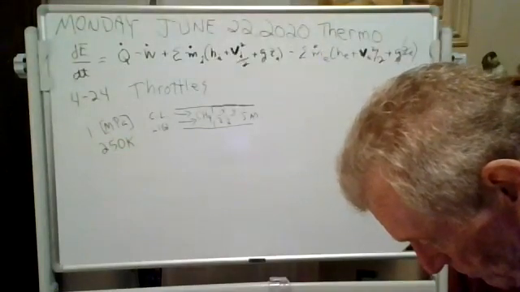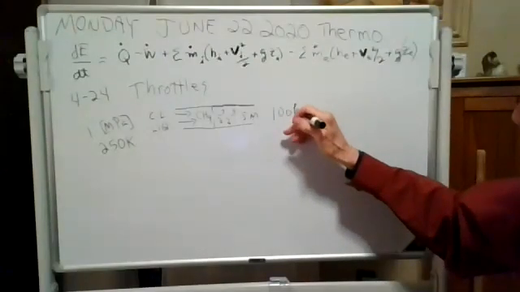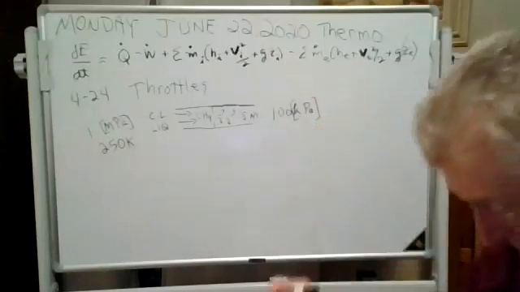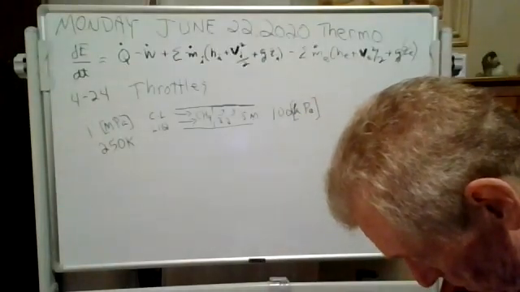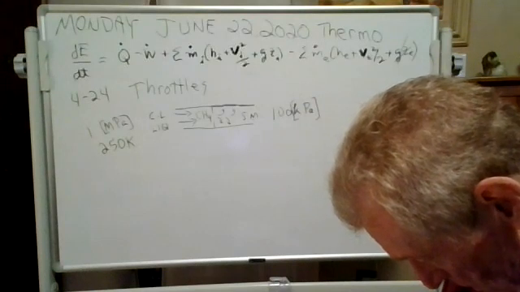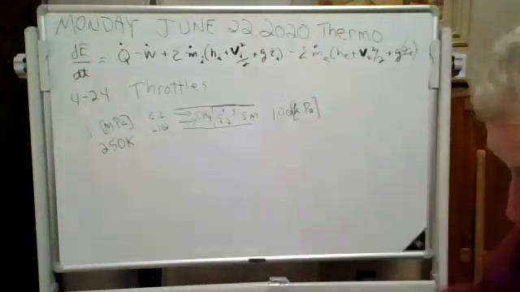It is throttled through a valve to 100 kilopascal. So no change in kinetic energy. What is the exit temperature? Okay, we're going to find the exit temperature. So there's my device sketch.